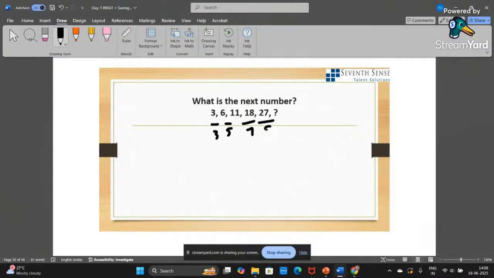See, the difference is not increased by a fixed number, but it's an odd number. 3, 5, 7, 9, and the next odd number will be 11. Or you can think like it has increased by 2 each time. So 3 plus 3, 6. 6 plus 5, 11. 11 plus 7, 18. 18 plus 9, 27. 27 plus 11, 38. 38 is the answer.